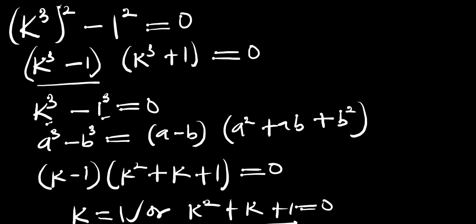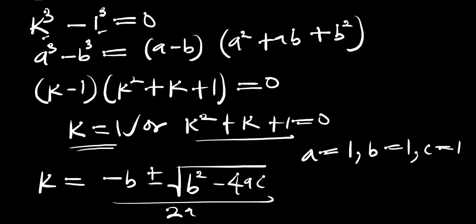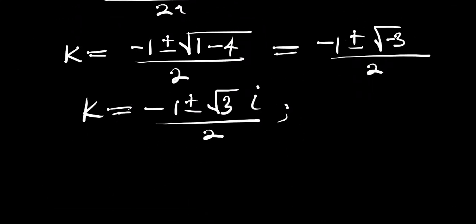Let's also consider this k^3 + 1 = 0. Now how do we solve this? This can be our case 2.